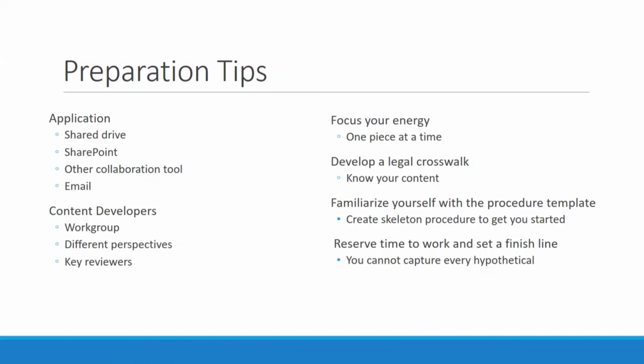Okay, think about your content developers. You may already have a team that you work with. Start there. You may want to create a new work group. Point being, as you're identifying your developers, you want different perspectives. This is one thing I think we've gotten ourselves hung up on in the past. When I say different perspectives, that means different teams that may be impacted. It means different regions.